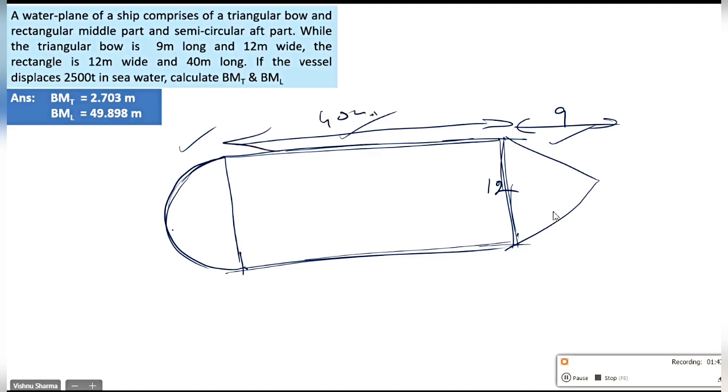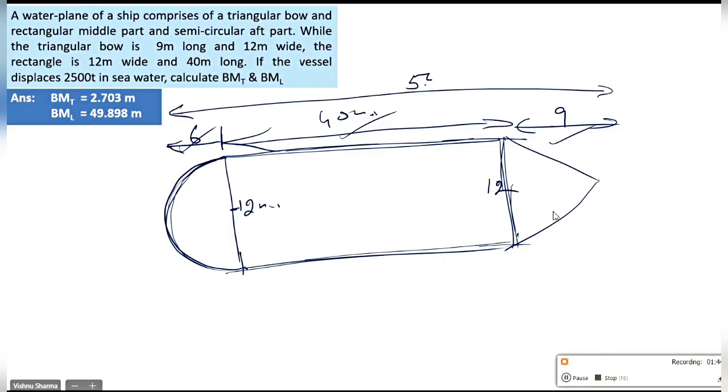He does not give you the radius of the semicircle, but as usual, it will be like this only, right? So the diameter of the semicircle will become 12 meters and the radius will become 6 meters. So the total length of the vessel will become 55 meters, guys.